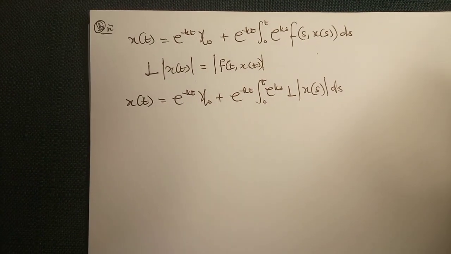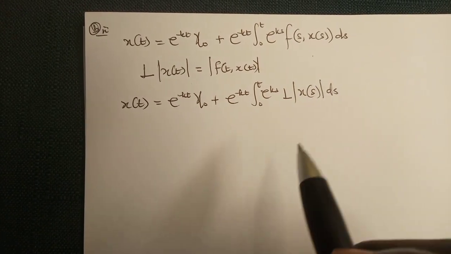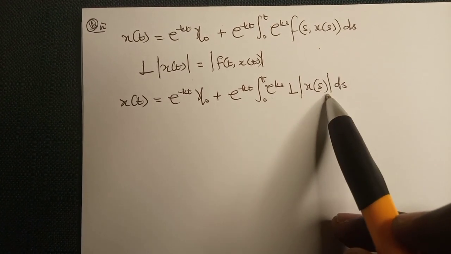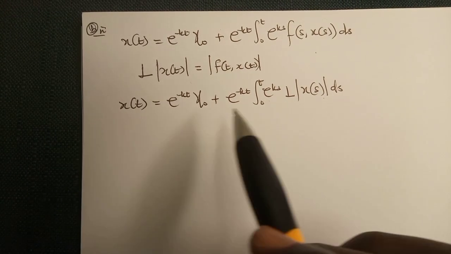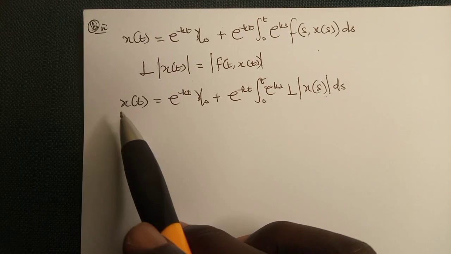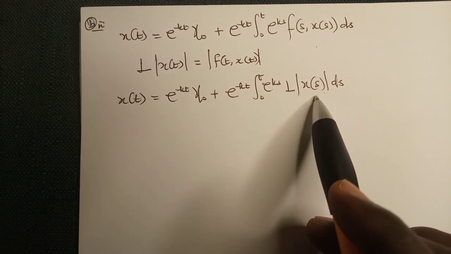So the next thing we do is we make all the functions inside the integral the subject. We already know that we have x(t), which is this, equivalent to this.